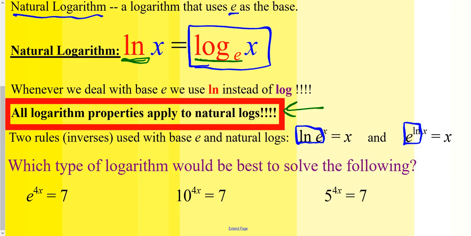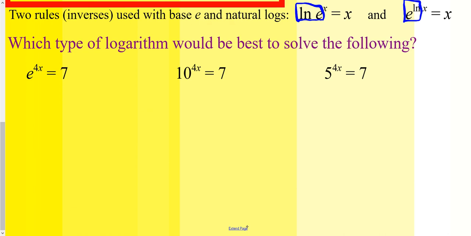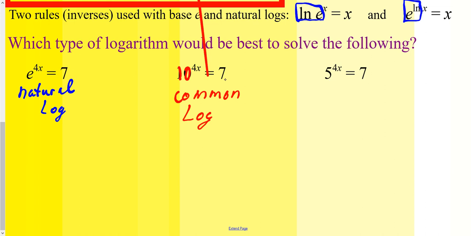So for clarification, what type of logs would we use down below? Here you're dealing with an e, so you'd want to use a natural log. Here you are dealing with a 10, so you'd want to use a common log, because a common log is log base 10. Over here on the right, we're dealing with a 5.